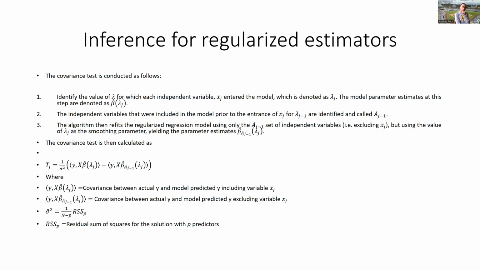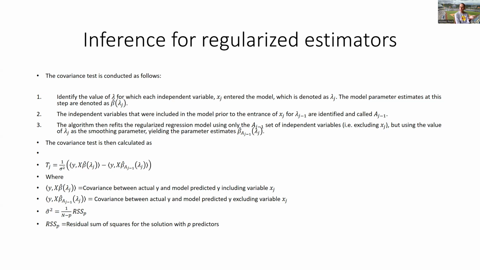Okay? That's step 3. So now I've got essentially 2 sets of coefficients, right? I've got the coefficients that we had for when x sub j was in the model in step 1. And in step 3, I've got the coefficients for the variables that were in the model right before x sub j jumped in, but using x sub j's lambda.